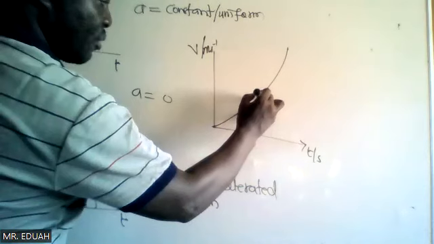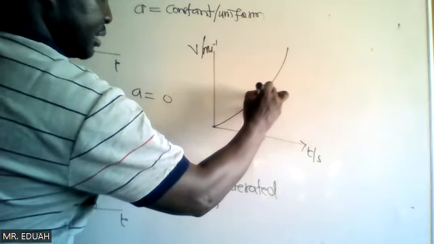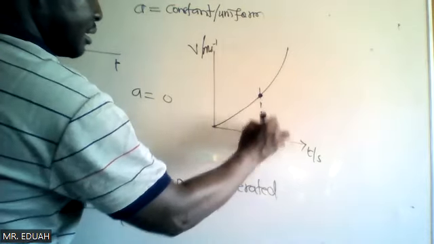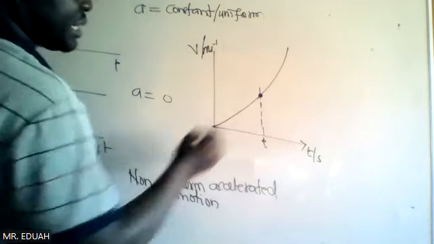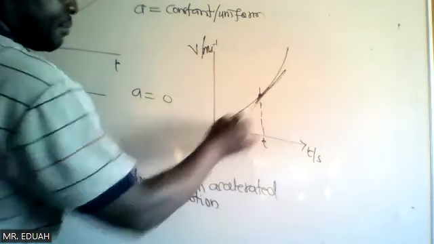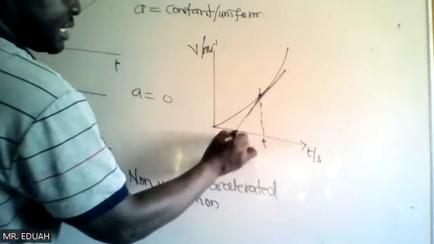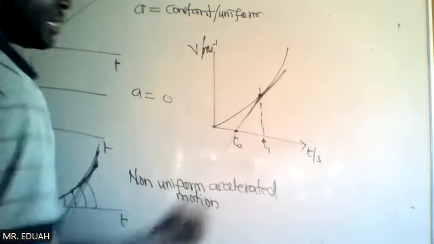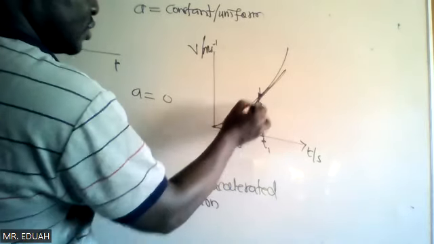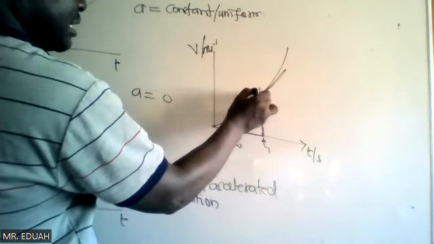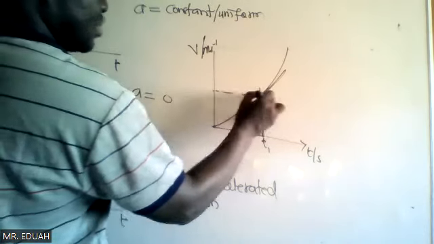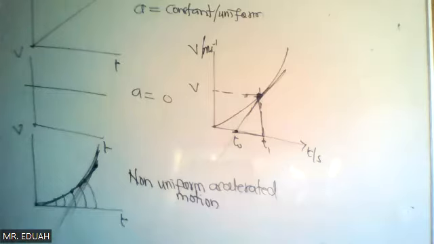I draw a tangent through the time. Maybe this is T naught, this is T1. Change in the vertical, change in the horizontal. We connect this point, T is equal to T1, and determine its corresponding V.